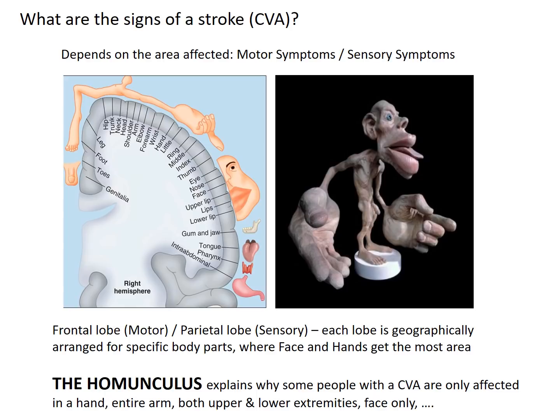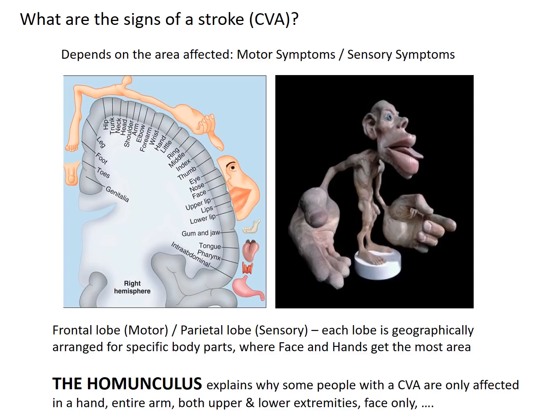That layering out of the brain geography, which corresponds to the region of the body, we refer to as the homunculus. And we have a motor homunculus and a sensory homunculus. They're a little bit different, but for all practical purposes, we'll consider them to be similar.